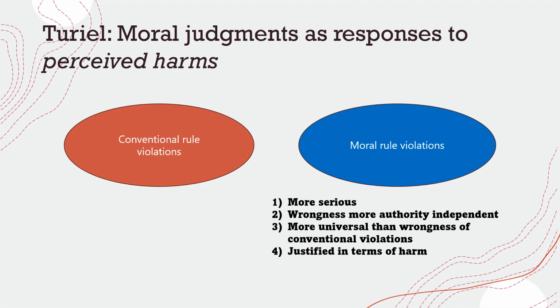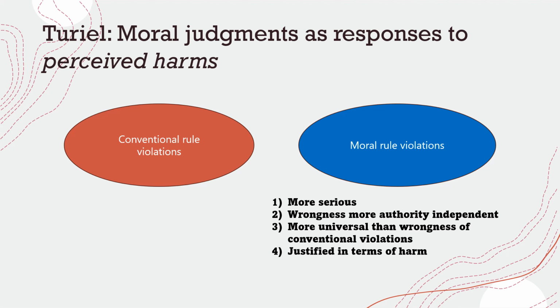Moral rule violations are more serious, Turiel argues. Their wrongness is more authority independent, so they don't depend on an authority saying it's wrong. They have an independent kind of wrongness.